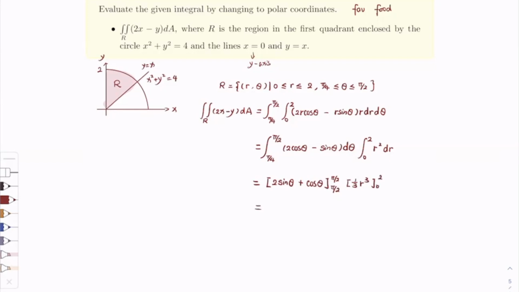So this will give you 2 plus 0 minus square root of 2 minus square root of 2 over 2, and the other factor is going to be 8 over 3. So eventually you'll get 16 over 3 minus 4 times square root of 2. Okay, that's example 4. Any question?